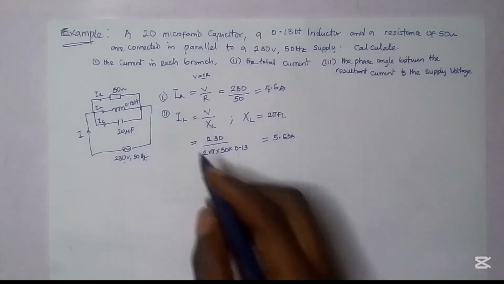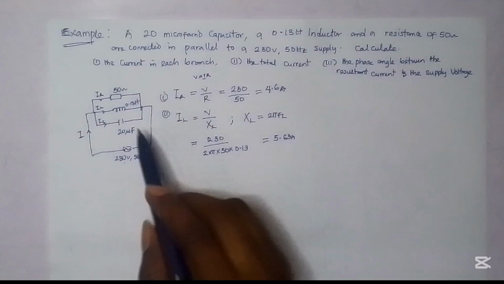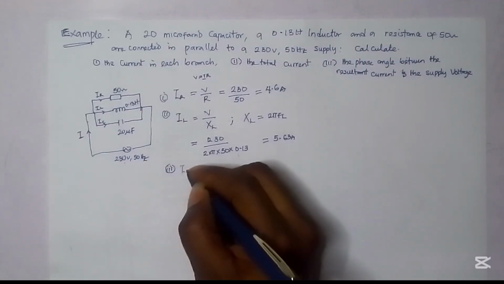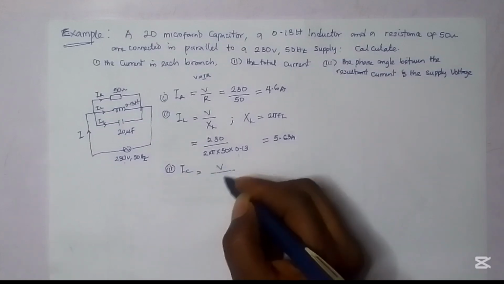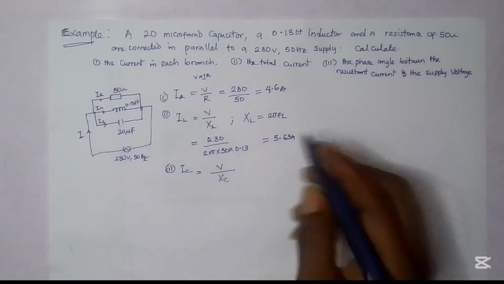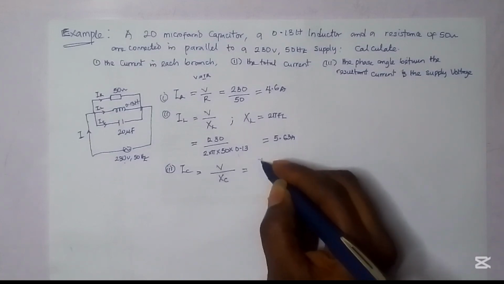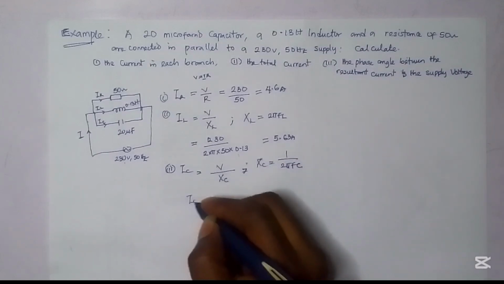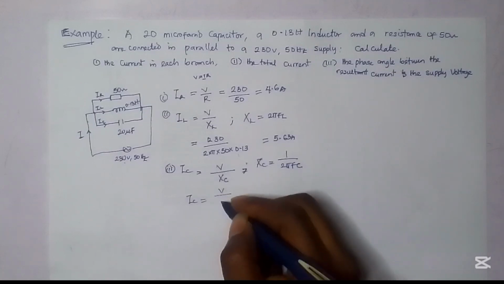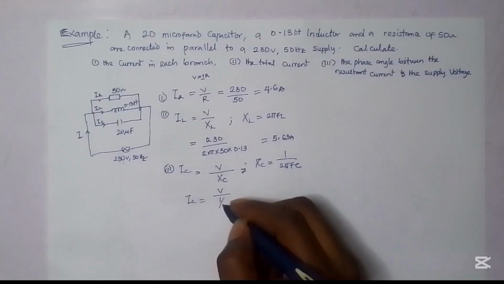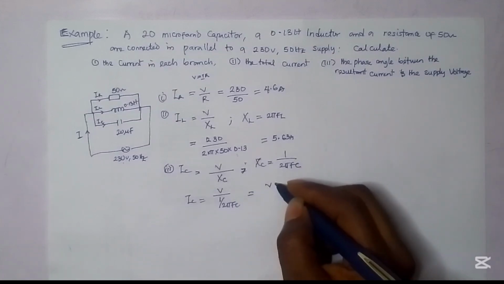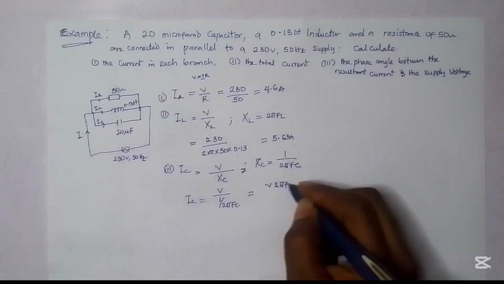Up next, we're going to get the value for our current flowing through the capacitor, which is IC, and of course we can get that from the voltage over XC. XC is equal to 1 over 2 pi FC. We can say that our IC is therefore V over 1 divided by 2 pi FC, which is the same thing as V times 2 pi FC.